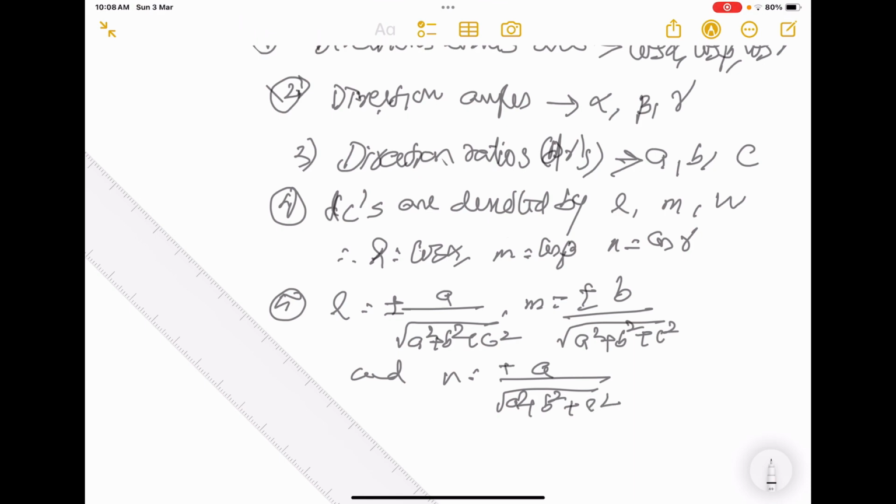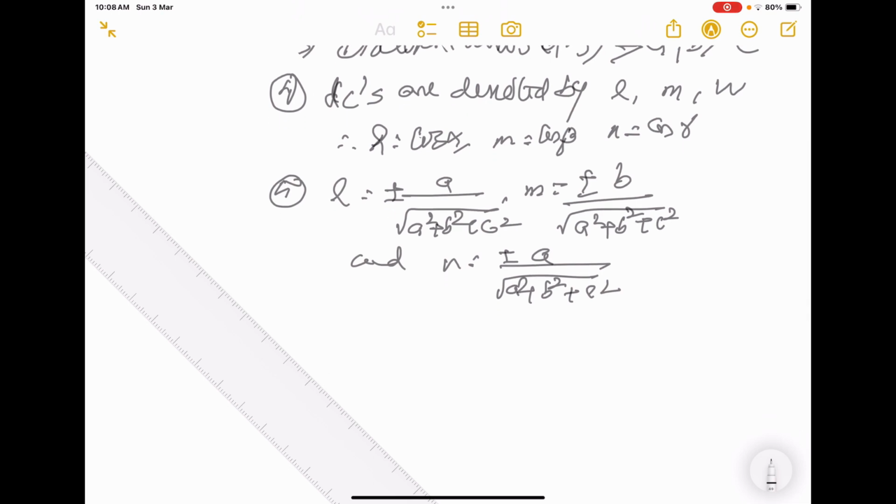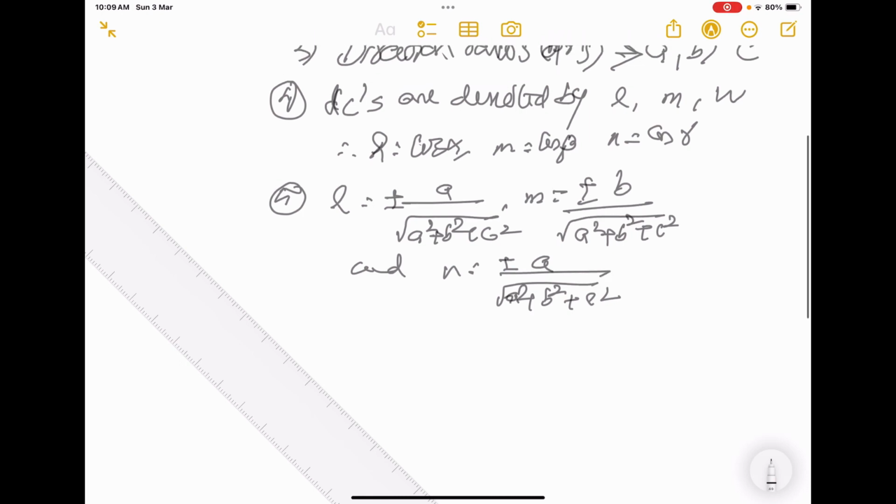We can add plus or minus, but according to the quadrant or octant it will change. In most cases we take only positive values.